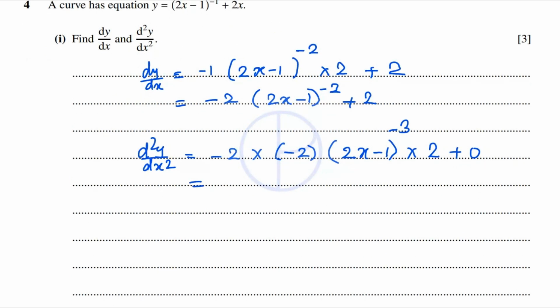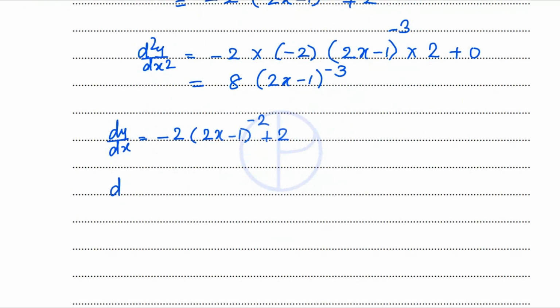This is equal to negative 2 multiplied by negative 2 multiplied by 2, so 8, multiplied by (2x minus 1) to the power negative 3. So dy by dx is negative 2 multiplied by (2x minus 1) to the power negative 2, plus 2, and d square y by dx square is equal to 8 multiplied by (2x minus 1) to the power negative 3.